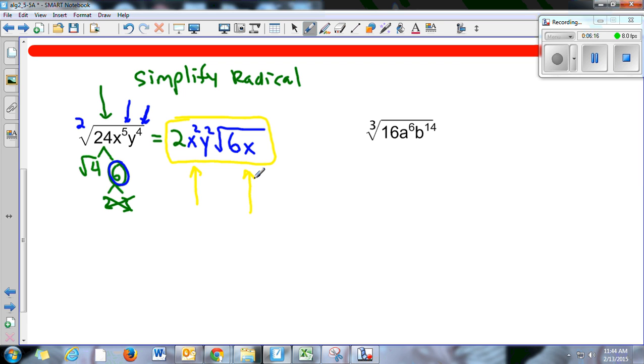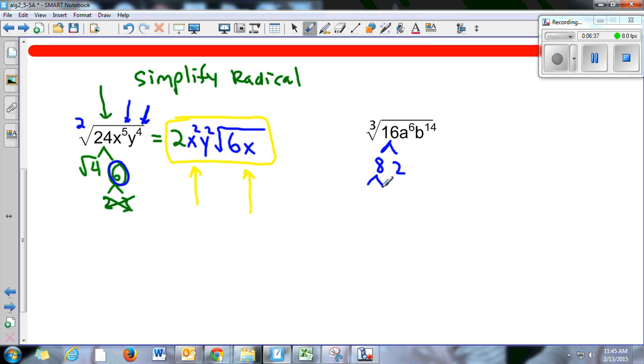The same thing holds true for cube roots. I want to look for a number that's a factor of 16 that's a perfect cube. I get 1 and 16, 2 and 8. All right. I know that 8's a perfect cube. How do I know that 8's a perfect cube?